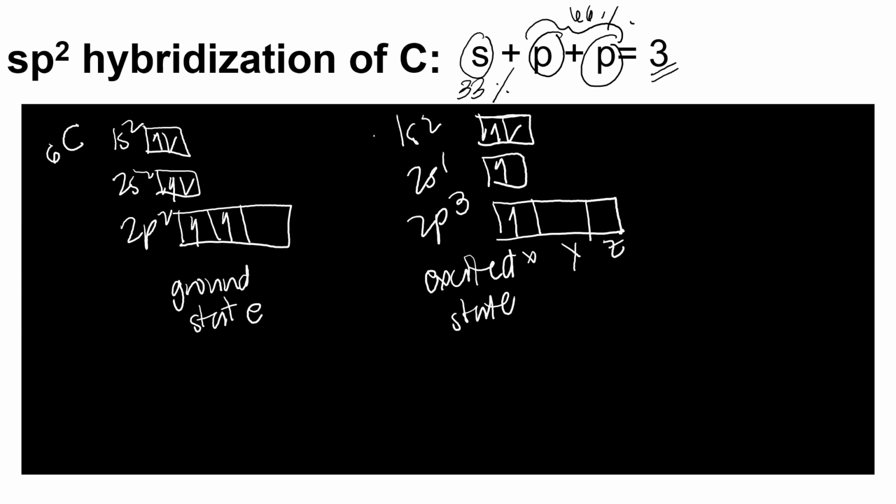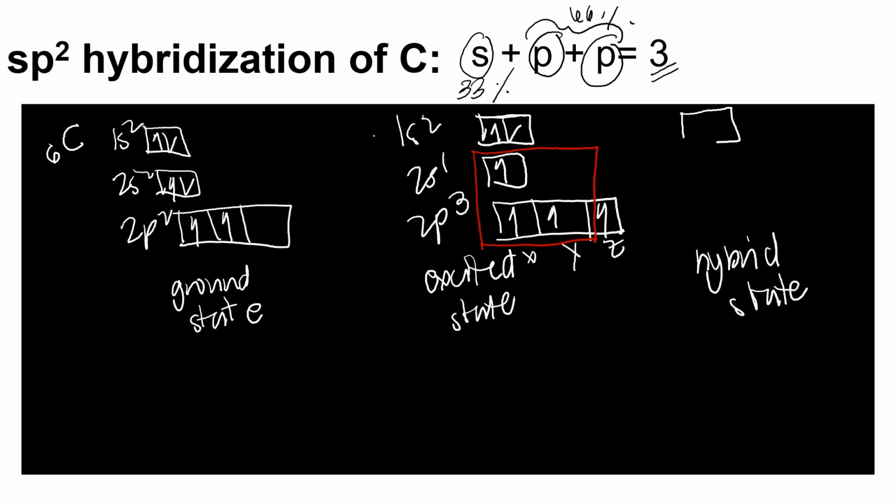So 1, 2, 3. So in a hybrid state for sp2 hybridization, since we have only 3 orbitals here, we only take this 3. So we leave out the z character here. So in hybrid state, we still have 1s2, that's complete, and then we have 3 hybrid orbitals.